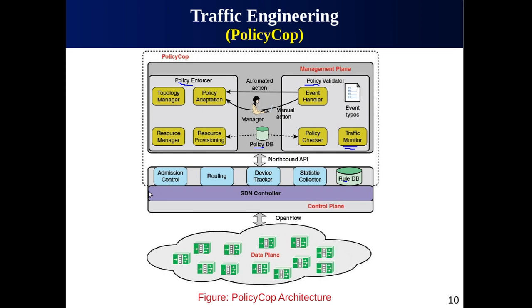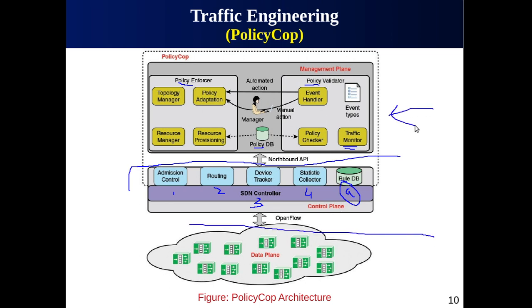In the control plane, starting from here, the policy cop actually relies on 1, 2, 3, 4 different modules and 1 database. This is actually the control plane, you can see, and this is the data, and this is the application. So part of it, policy cop, is at the application, and part of it is at the controller, SDN controller.